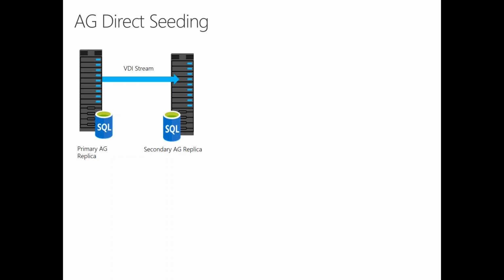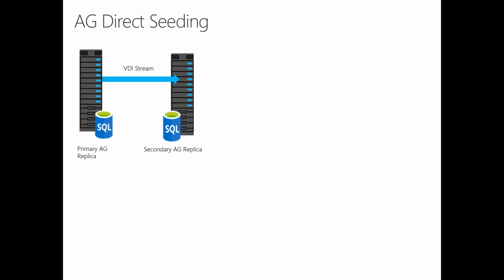You can form an availability group with direct seeding enabled, wherein the VDI stream from the primary replica is captured and restored on the secondary replica on the fly. So thereby it reduces the overall time to configure or to create an Always On secondary replica.